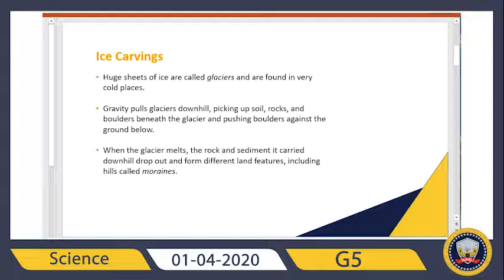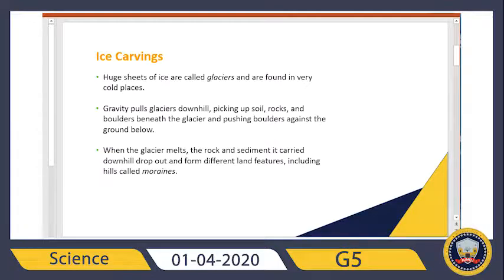Ice can create a really big mass over the land, and gravity pulls the glaciers downhill, and when they are moving down, they are picking up soil and rocks underneath.